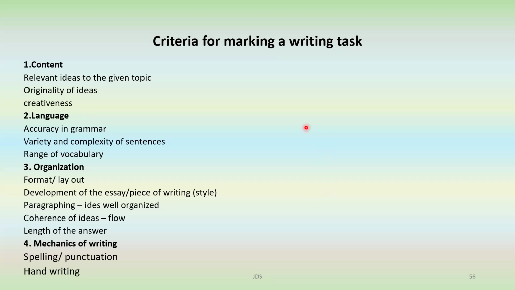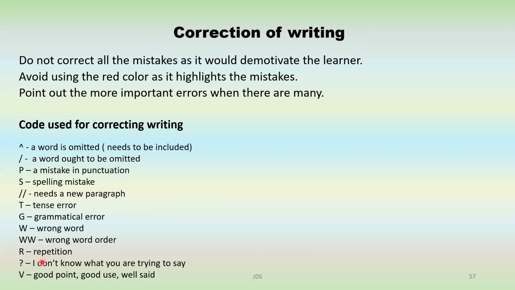Right, so not only teaching writing, how to handle a writing task, but also assessing a writing task and giving them appropriate marks is very important. Then you have the standard correction code that is used when assessing a writing task.